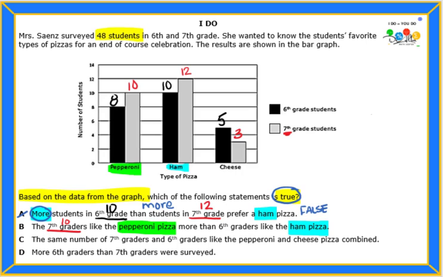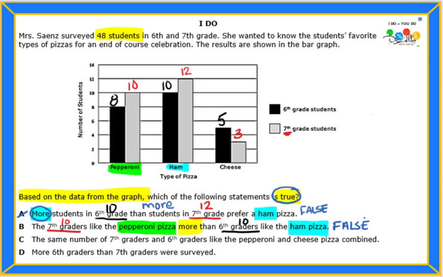But for the 6th graders, we're going to look at ham. 6th grade ham is also 10. That statement said "more," right? So right here where it says more, that's not true. They are both the same. We got 10 for both of them. So again, this is false.